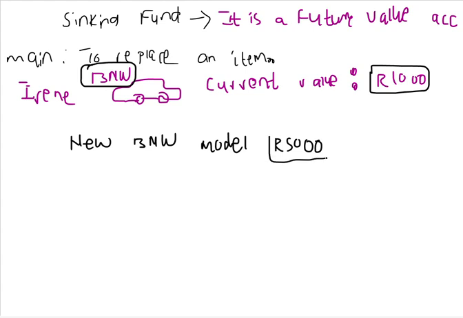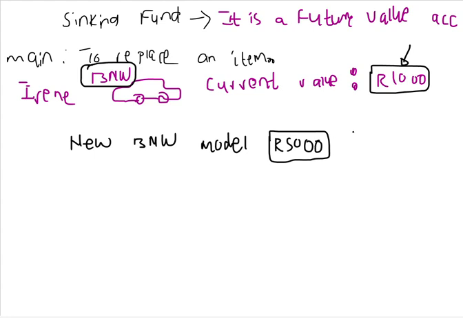Irene decides in her mind, I'm going to sell my current car, which is 1,000 in value, in order to save for the new car. The new model is 5,000, but how much do I have to save? If I sell the current one, I subtract 1,000 from the 5,000.